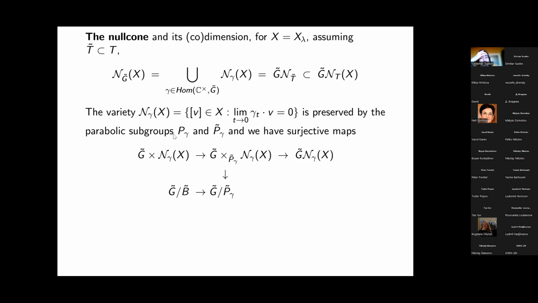But my point here is that actually both parabolic subgroups, also the parabolic subgroup of the large group, act in here. Why? Well, a one parameter subgroup of G tilde by composition is also a one parameter subgroup of G. And the set being pulled to 0 doesn't refer further to the tildes.